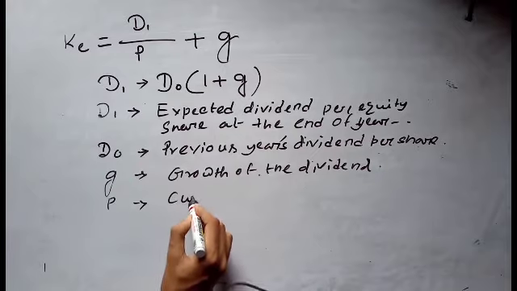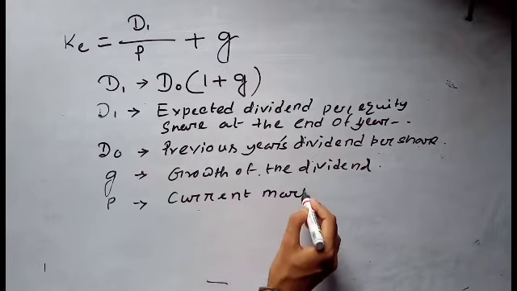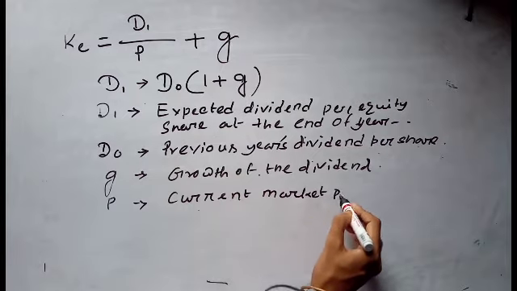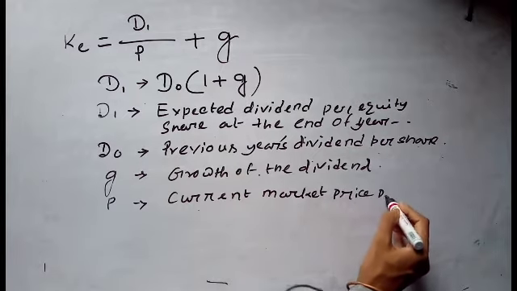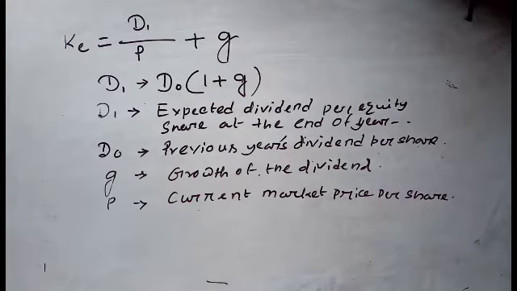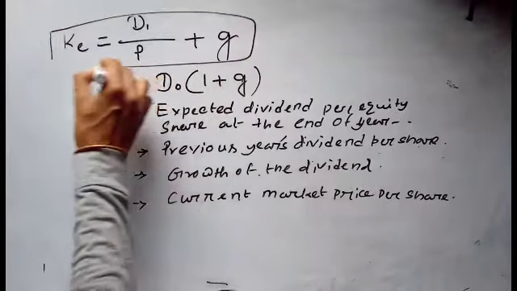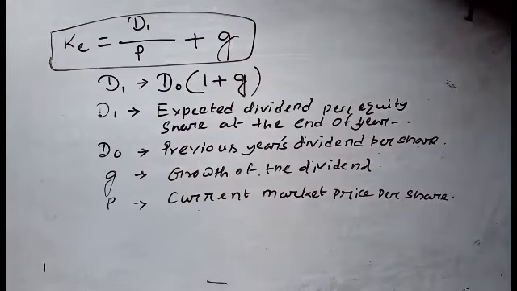It is the current market price per share. So this is the formula to calculate cost of equity by the dividend growth model method.